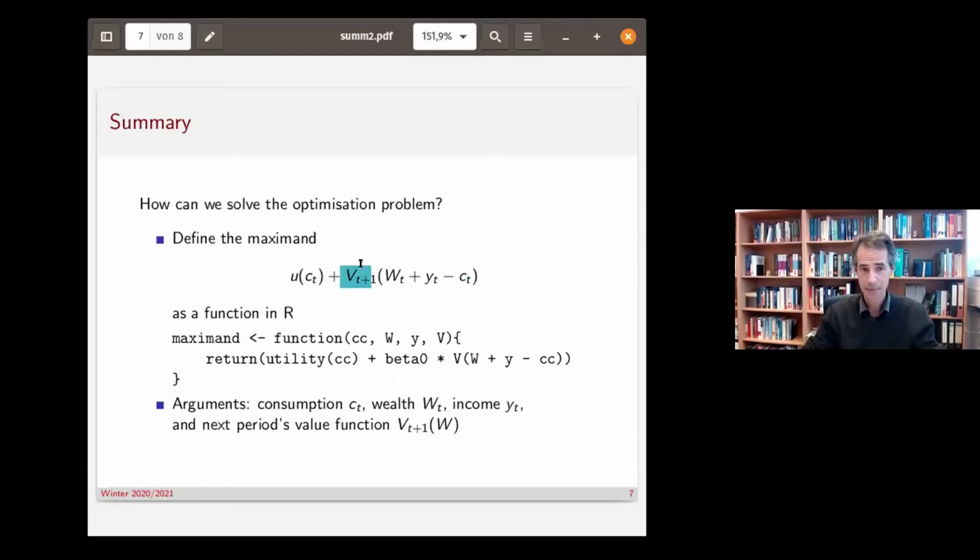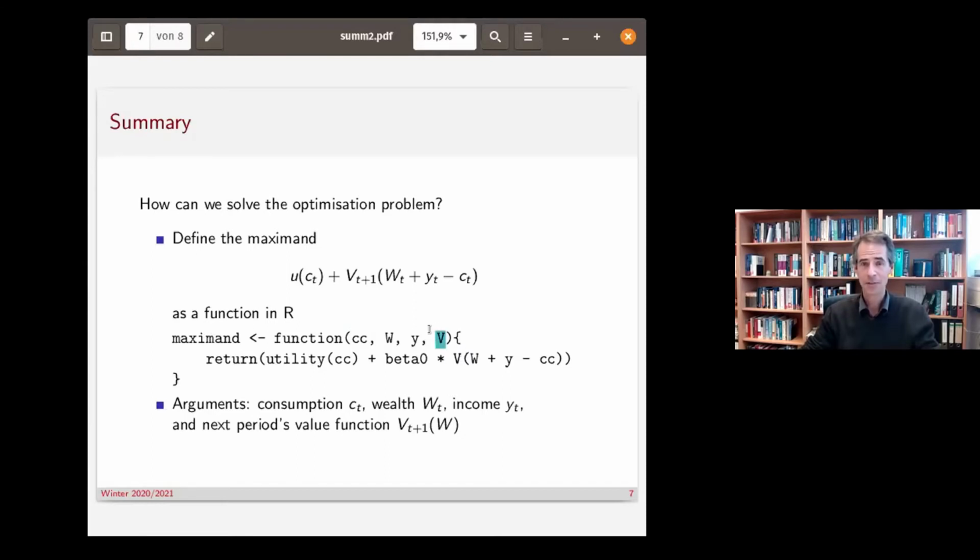And tomorrow's value function. So the maximum depends on four different things, plus the discount rate: the consumption, the control variable, current wealth, current income, and tomorrow's value function. So this is actually a bit misleading maybe.